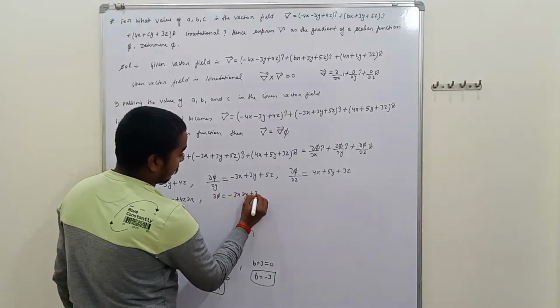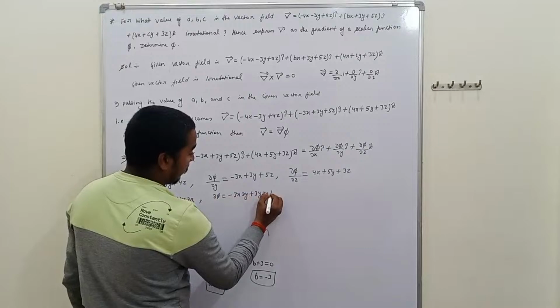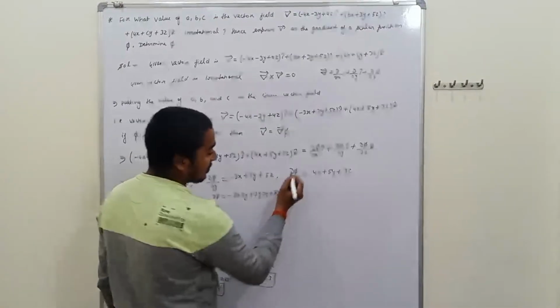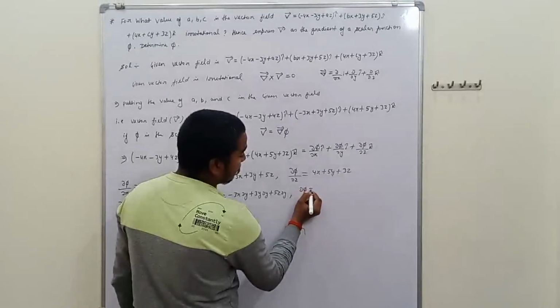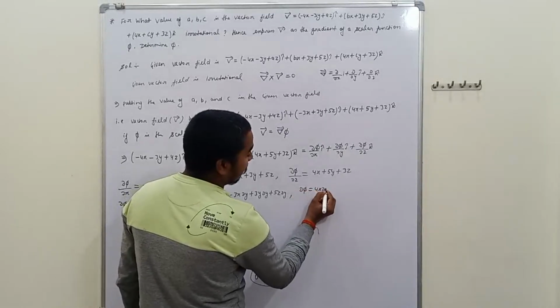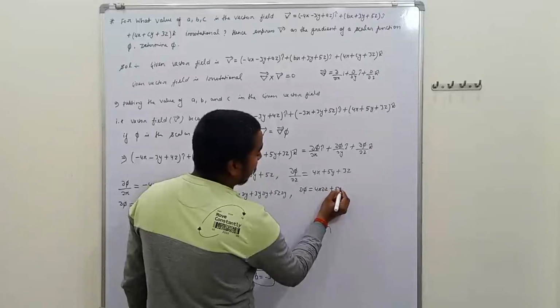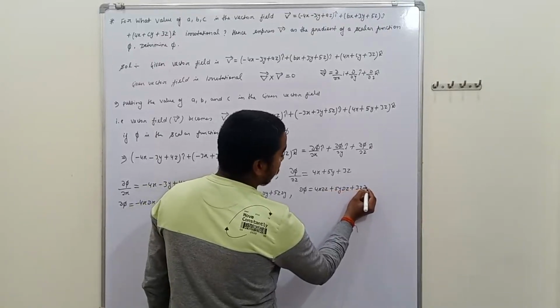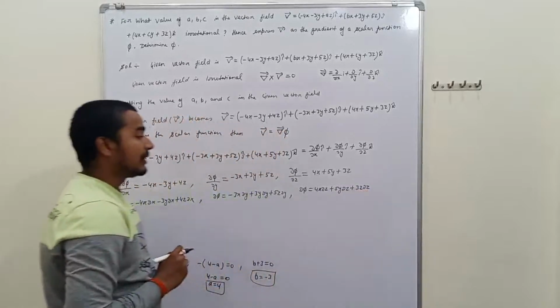And ∂φ = 4x ∂z + 5y ∂z + 3z ∂z. We have to integrate both sides.